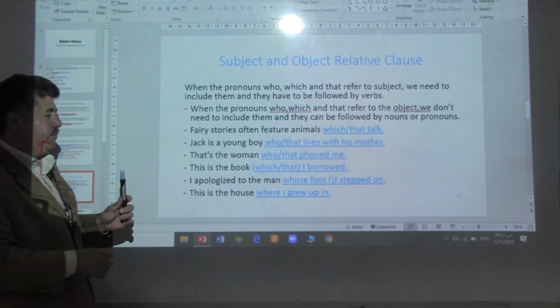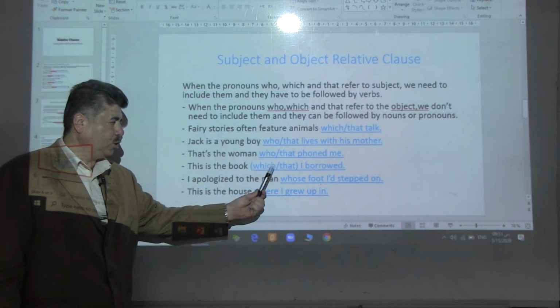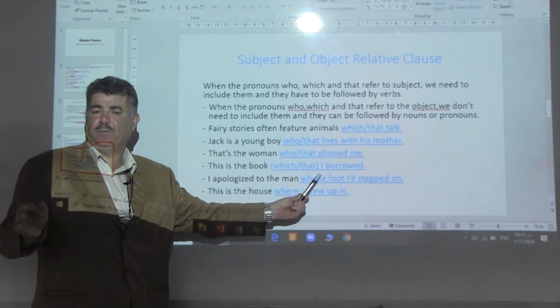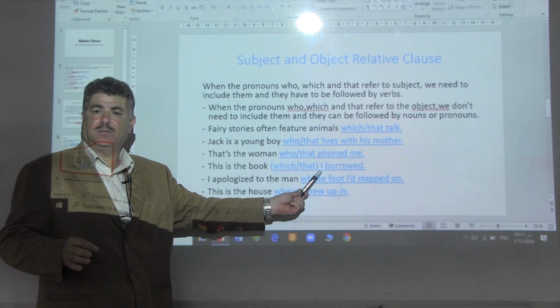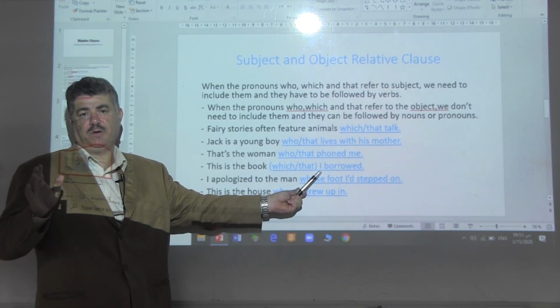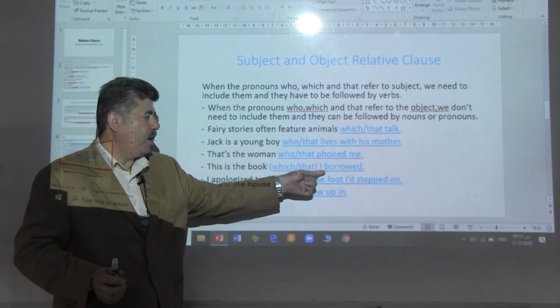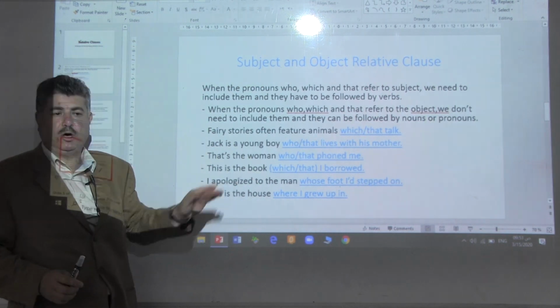But look at this example, for example. This is the book which or that I borrowed. Notice here, it's not followed by a verb immediately. It's followed by a pronoun. This means that we are talking about an object. The original sentence: this is the book, I borrowed the book. So I delete the noun or the pronoun which refers to the object.